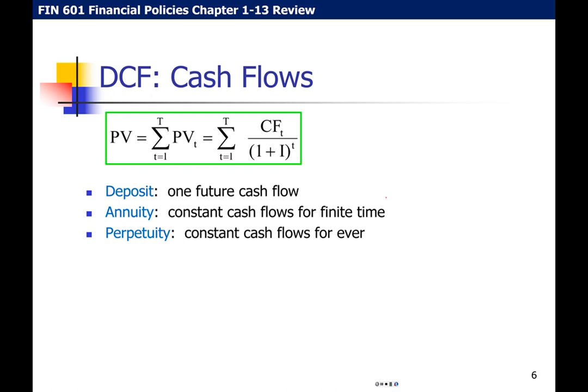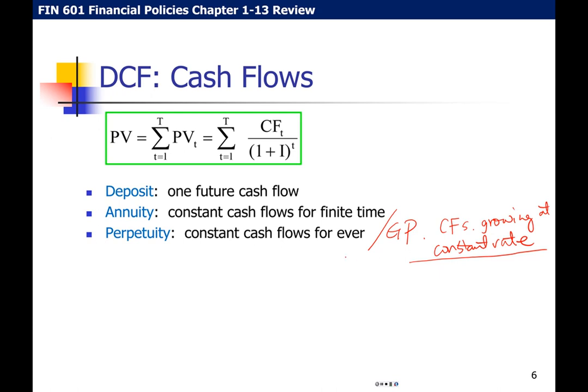And there's a variation of perpetuity called growing perpetuity. Those are cash flows that are not constant, but growing at a constant rate forever. Eventually it's going to blow up, but it's a nice assumption that we use since we have inflation and money is generally depreciating.